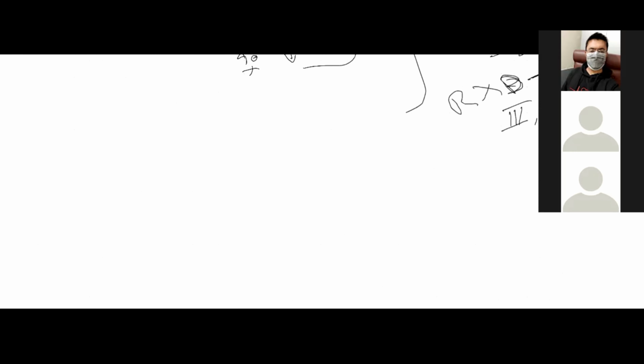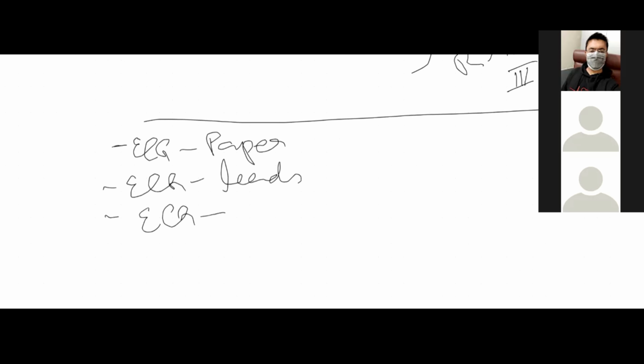So this was our axis deviation. So far, we discussed the ECG paper, ECG leads, and the ECG itself up to rate, rhythm, and axis.